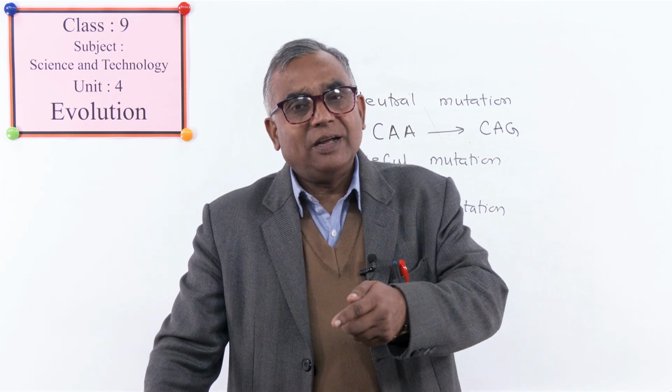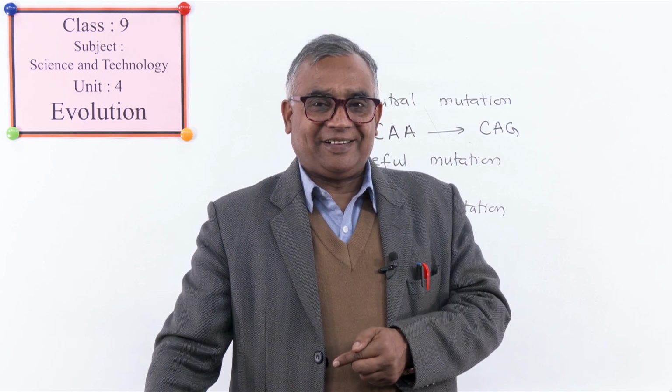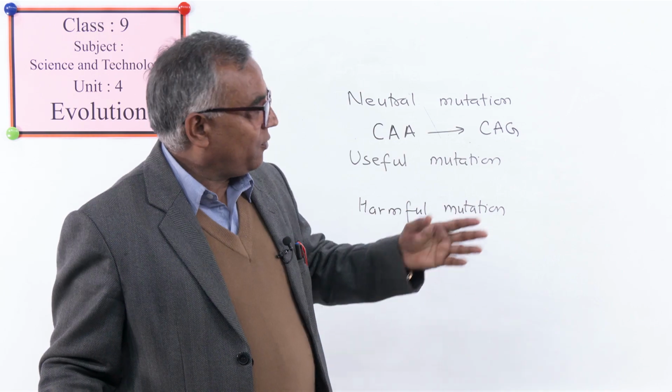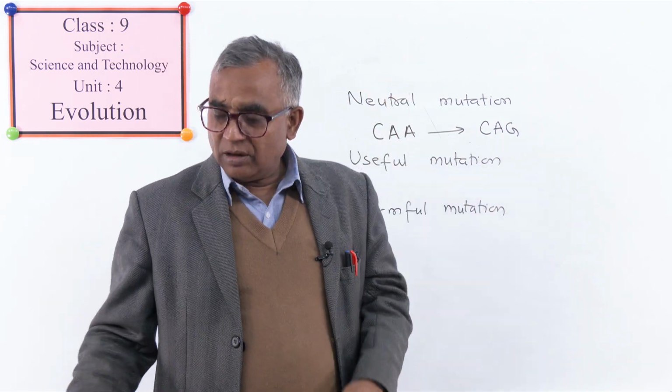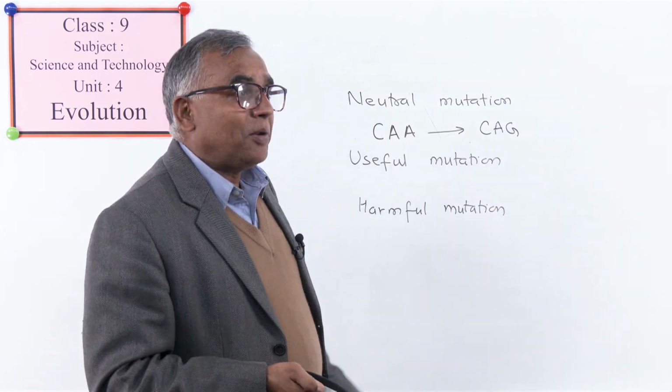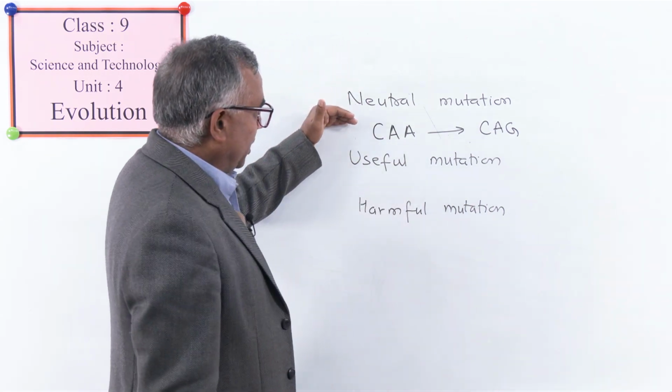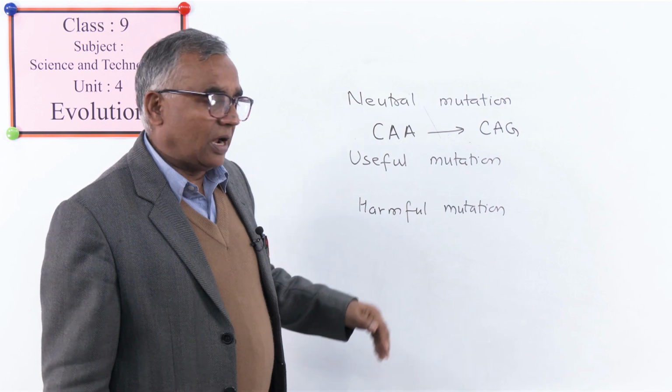So that is what? Harmful variation. Okay, mutation, harmful mutation. In fact, mutation leads to variation. They are not synonyms, but mutation is one cause of what? Variation. So mutation may be neutral, useful, or harmful.